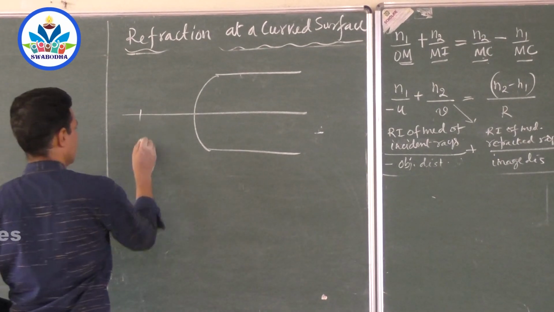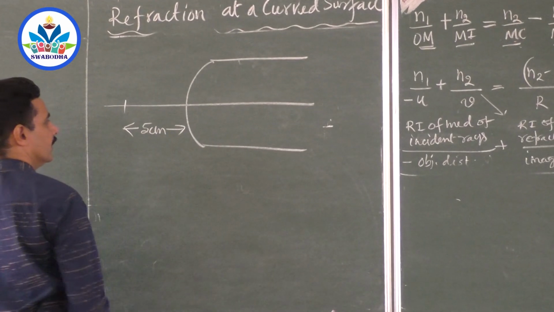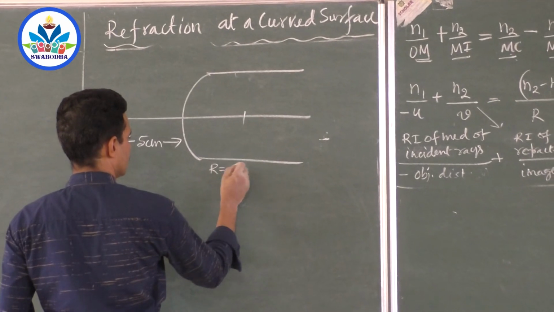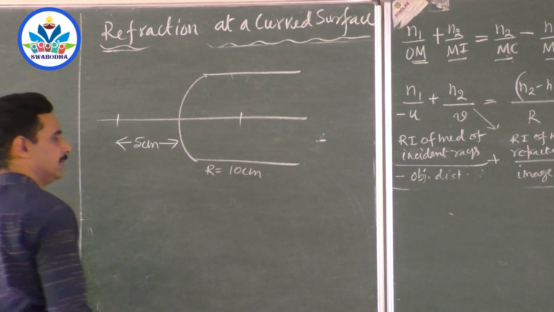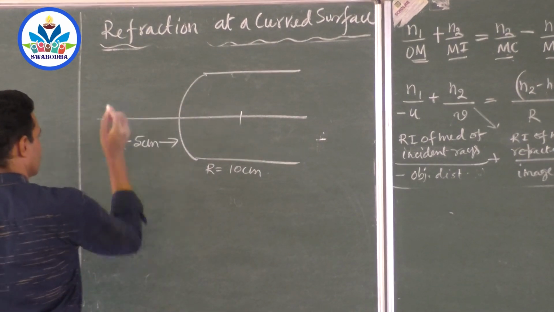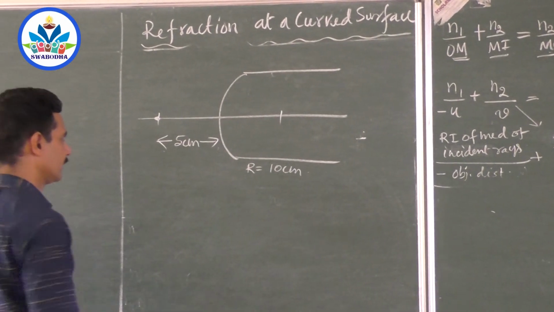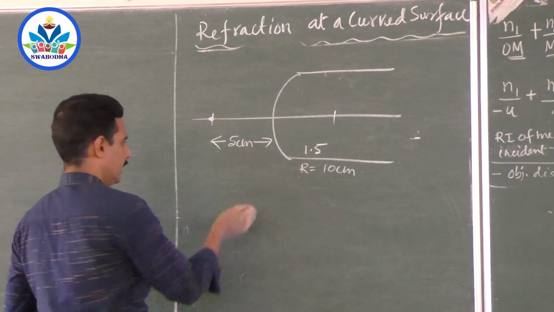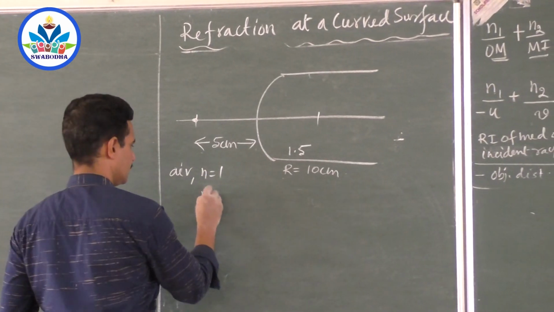You have an object here at a distance of say 5 centimeters, and the glass rod is of radius of curvature, say r is equal to 10 centimeters. Where will the image be formed? That is the question. So a point object is kept at a distance of 5 centimeters from the curved surface of radius of curvature 10 centimeters and refractive index 1.5. Outside, the refractive index is 1. Where is the position of the image?